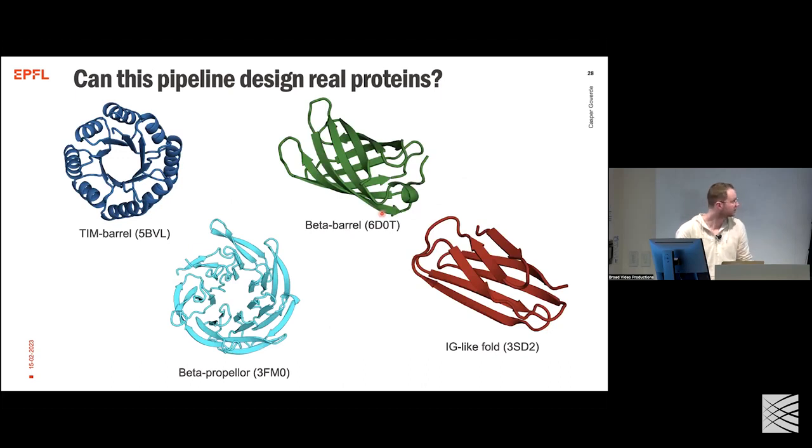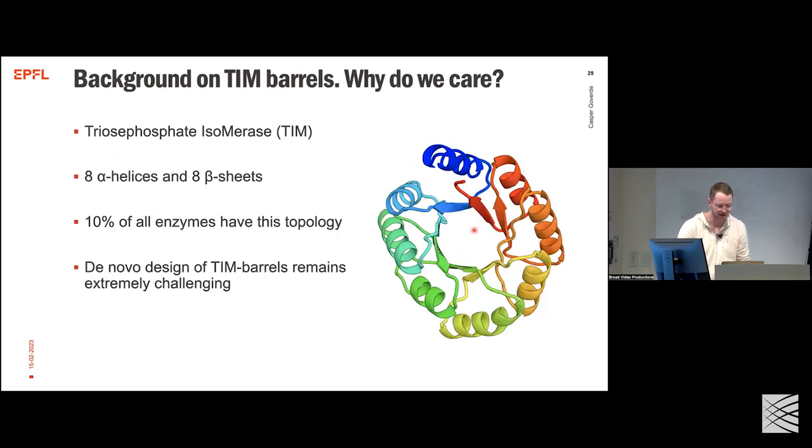So let's move this into practice. Let's see if this pipeline can indeed design some novel proteins. I want to give as an example, zoom in on, a protein topology called the TIM barrel. TIM stands for triosephosphate isomerase, and this is basically the first enzyme that was found that had this topology.